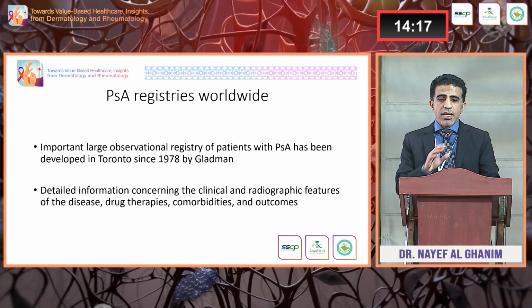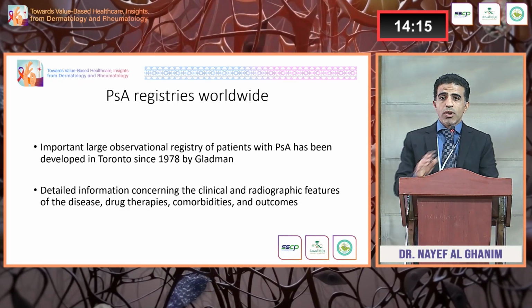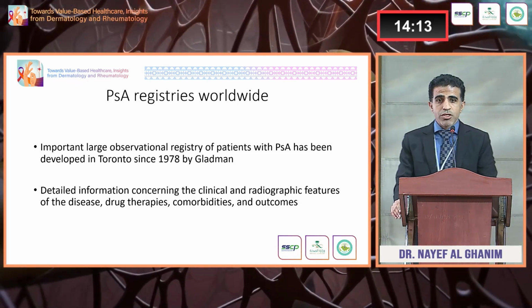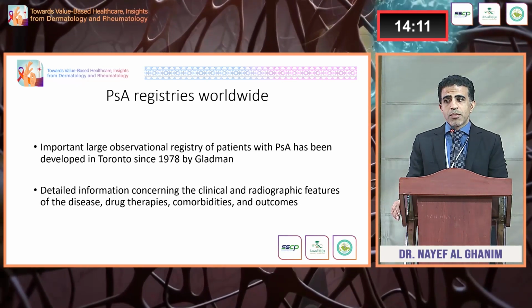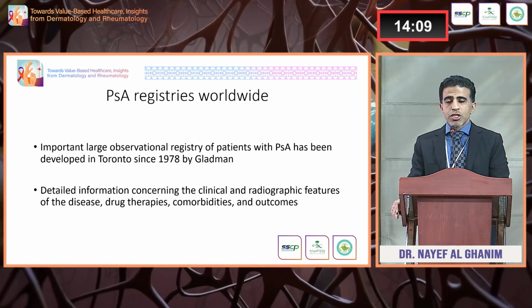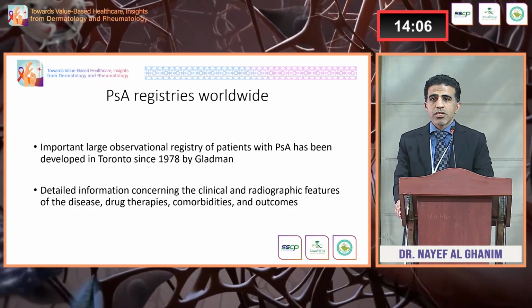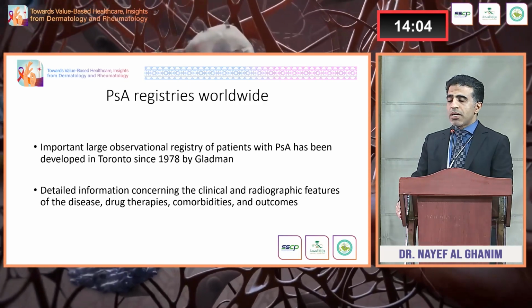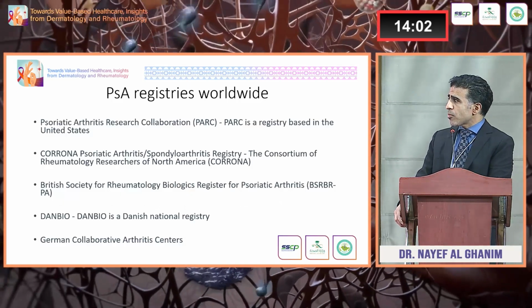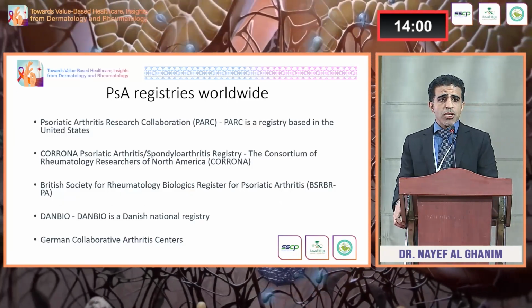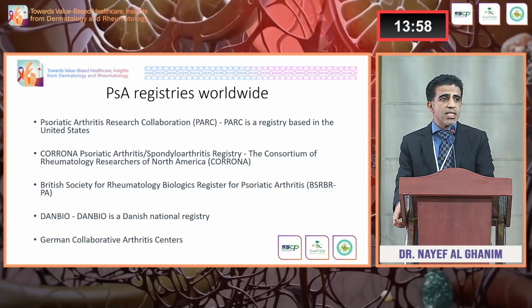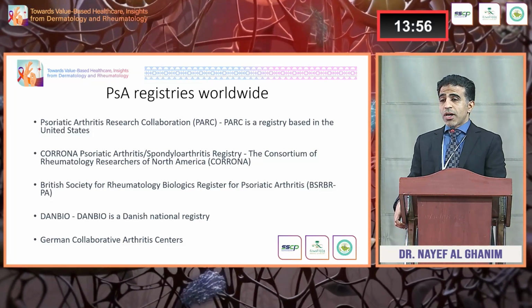In the same decade, there is another important registry that was made in 1978 at the University of Toronto by Dr. Gladman. And this registry also added more information to the literature. Since then, there have been multiple registries, especially in the 1990s after the introduction of the biologics.